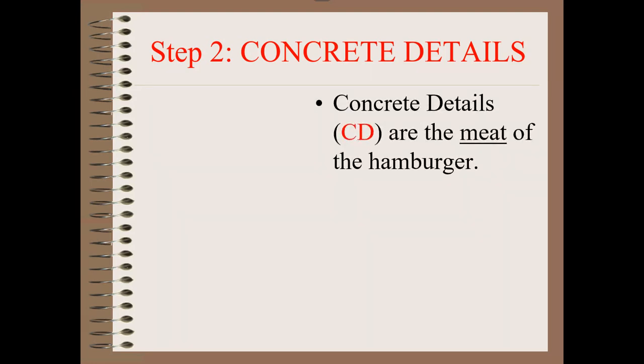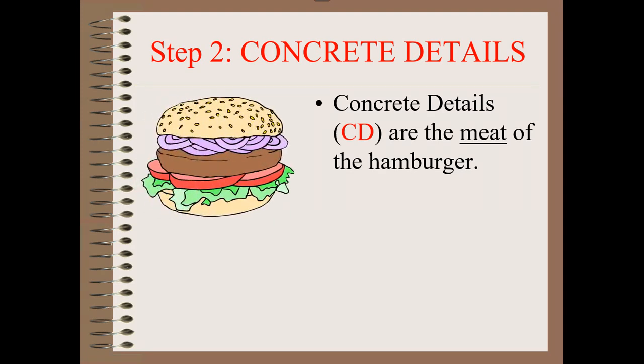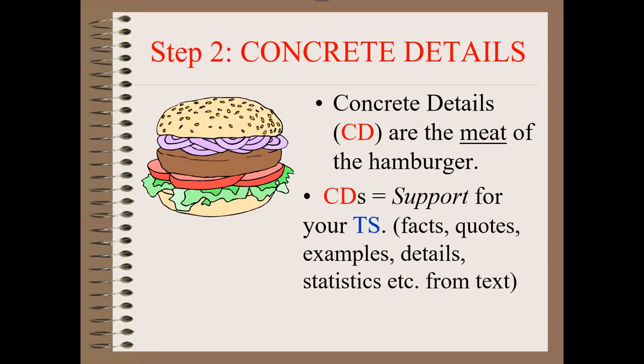Excuse me. As I was telling you, the concrete details are the meat of the hamburger. And what are concrete details? Well, it's evidence or information from the source, such as facts or quotations, examples, details, information that you get from the original story.